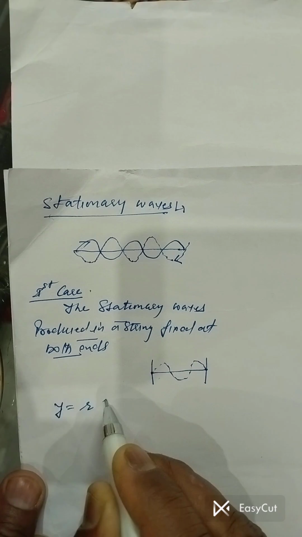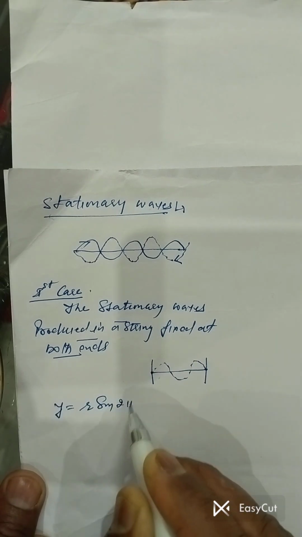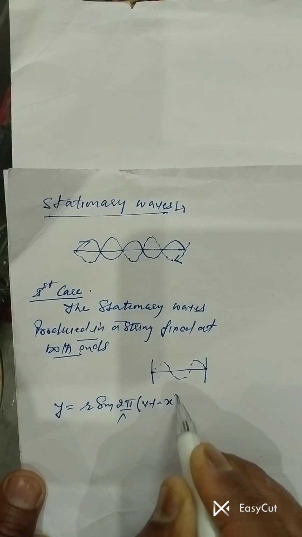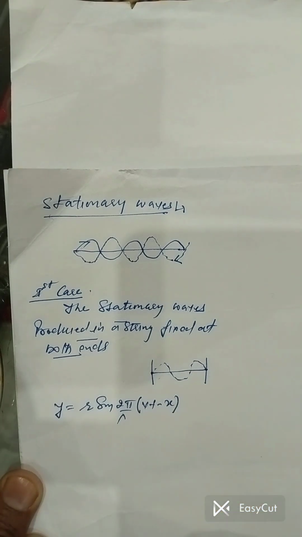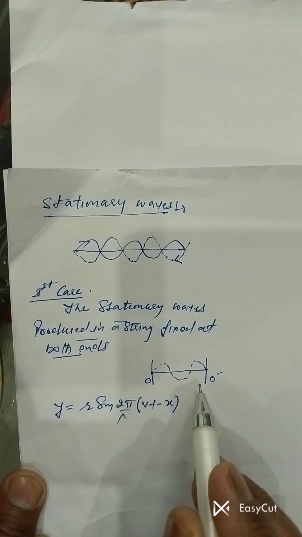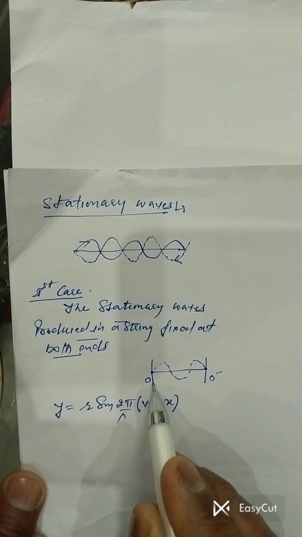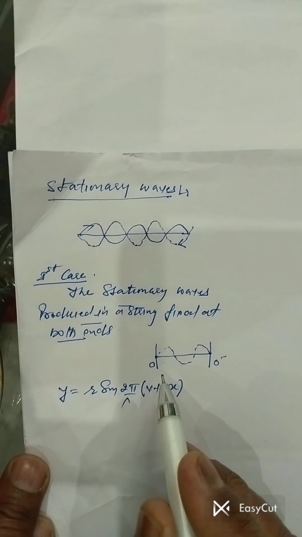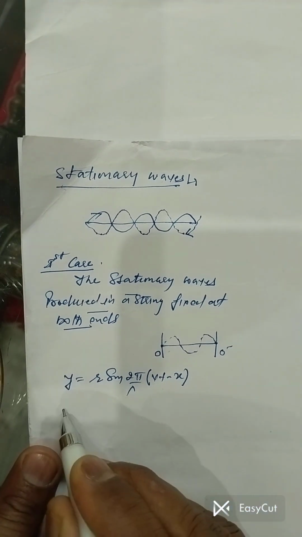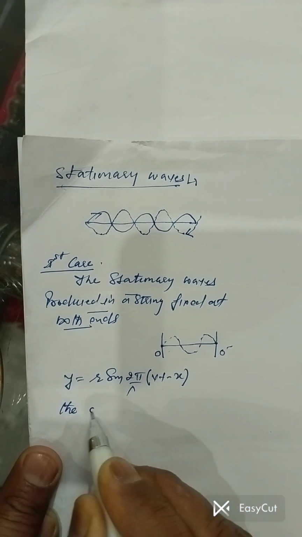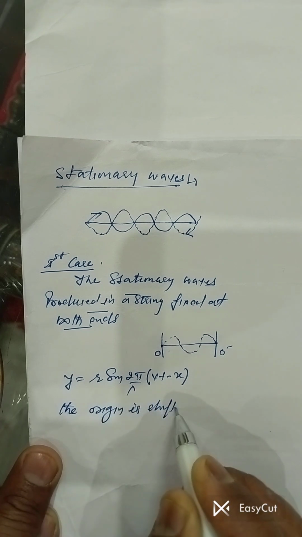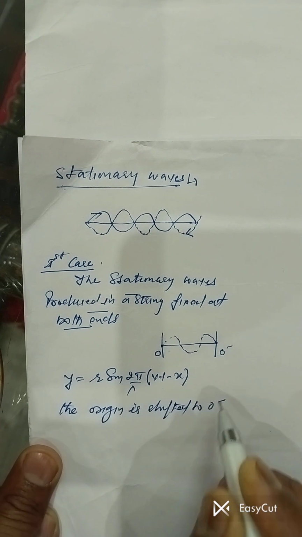equal to r sine 2 pi upon lambda into (vt minus x). Okay, this is the equation of wave which is moving from left to right and origin is O. But in this case we will shift the origin to O dash. The origin is shifted to O dash.